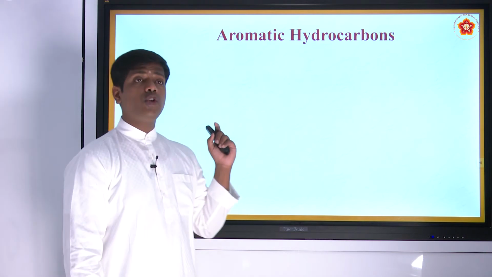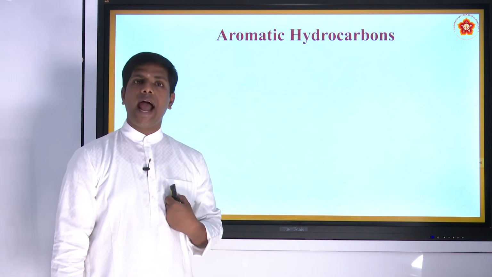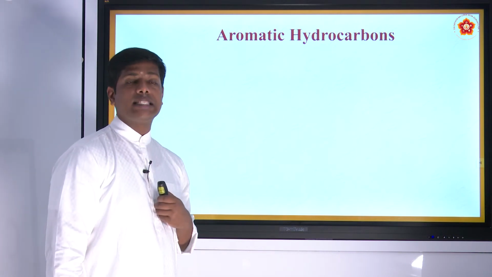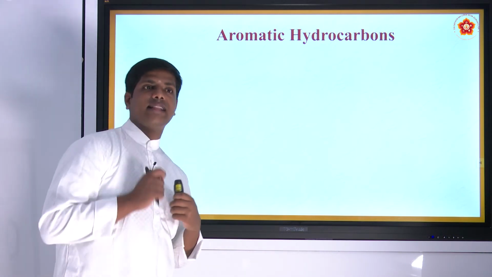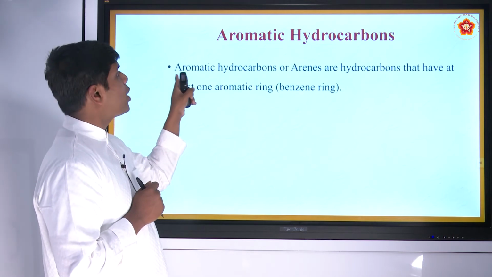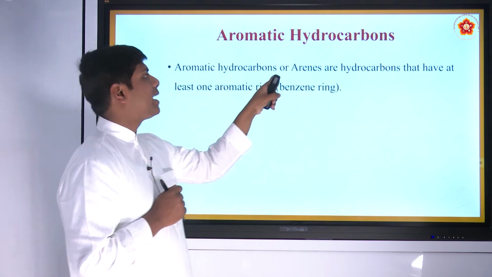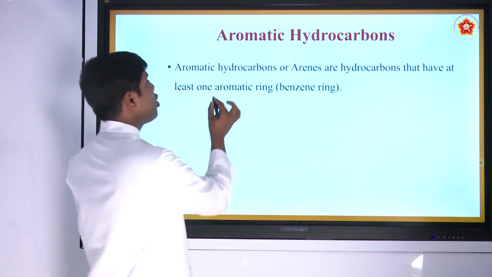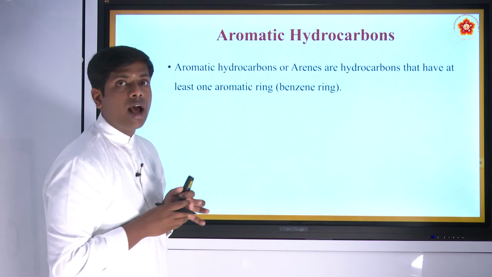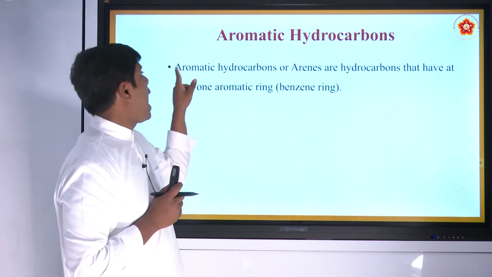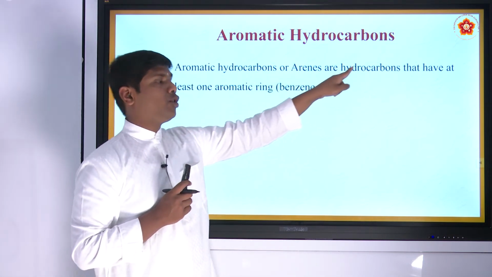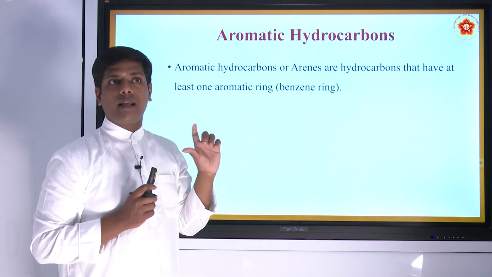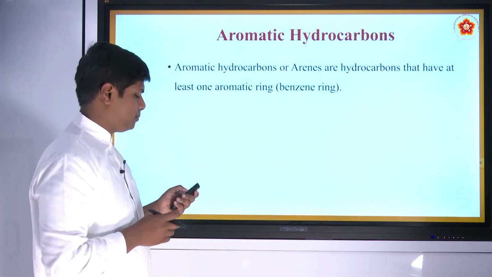Next, let us look into aromatic hydrocarbons. What are aromatic hydrocarbons? Aroma means fragrance. Aromatic hydrocarbons are hydrocarbons that have at least one aromatic ring, that is a benzene ring.